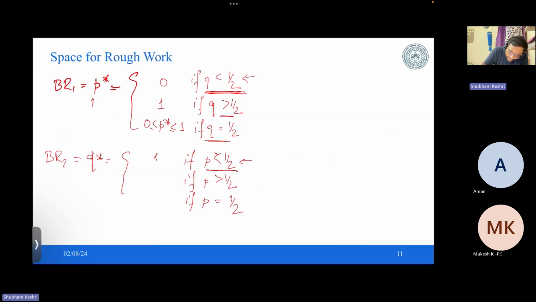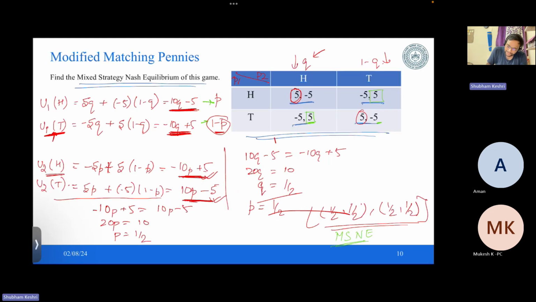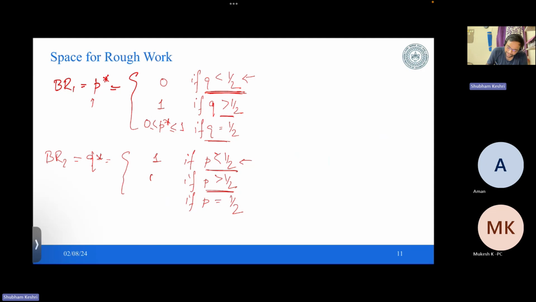So Q star will be 1. If you check for P greater than half, this will become positive and this will become negative. Therefore, Q star will be 0, and over here, player 2 will be indifferent between playing either head or tail. Now let us draw this graph. It is interesting to see what happens over here.